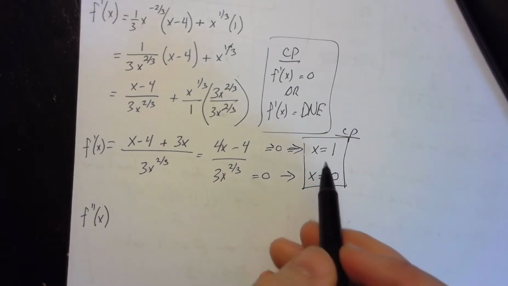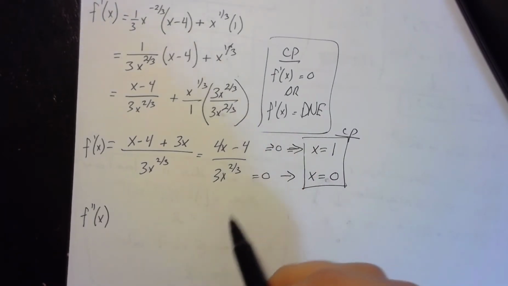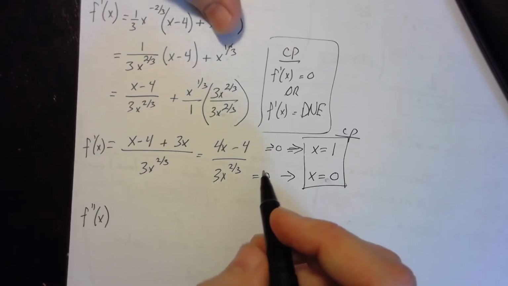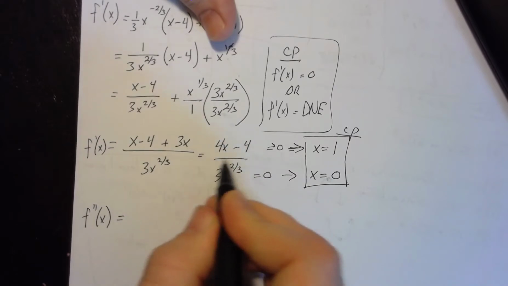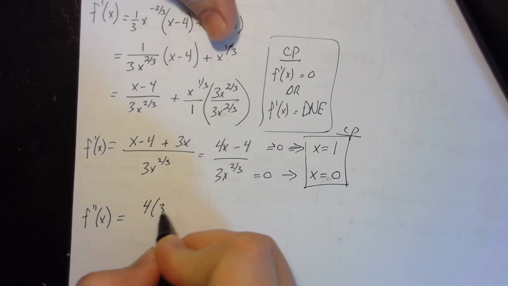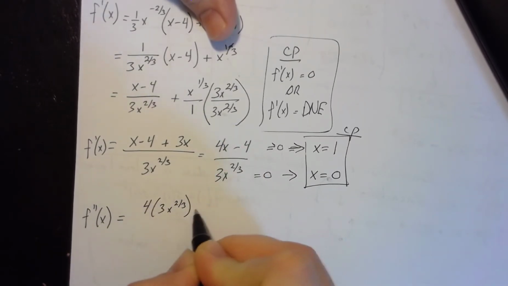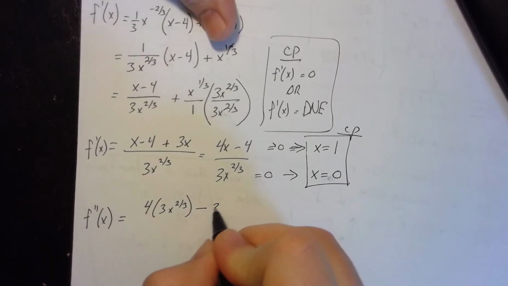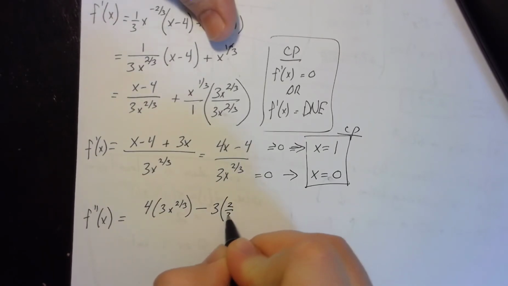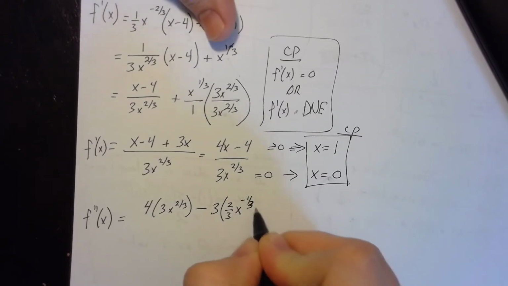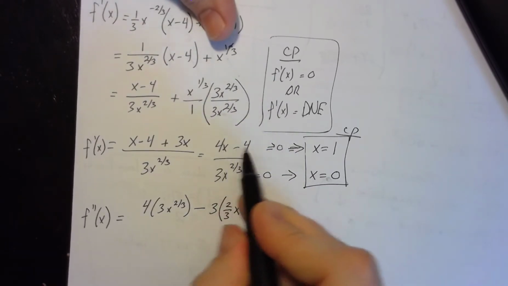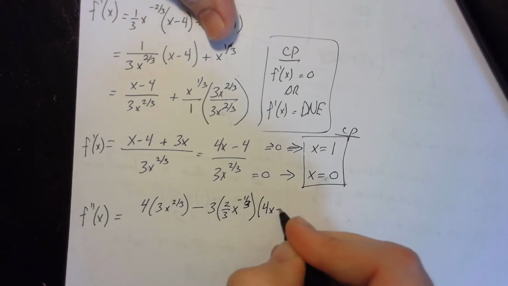My goal here is to be able to plug 1 and 0 into the derivative, or the second derivative in this case. So when I go ahead and do that, this is going to provide me with, I'm going to go ahead and very carefully take the derivative of the top, which is 4, leaving the bottom unchanged, minus the derivative of the bottom is going to be 3 times 2/3 x to the power of a negative 1/3, and then the top left unchanged, 4x minus 4.